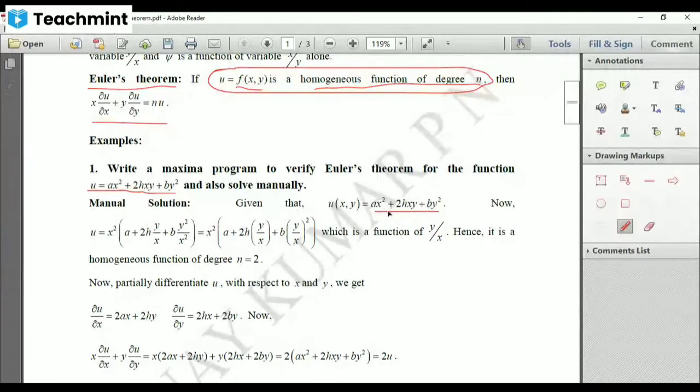Taking the maximum power of x outside means you are dividing each term by x square. So ax square divided by x square is a, plus 2hxy divided by x square is, one x gets cancelled, you'll get 2h into y by x plus b into y square by x square.